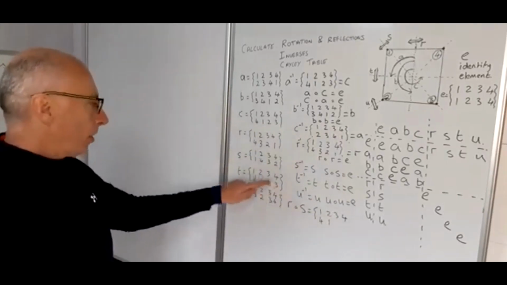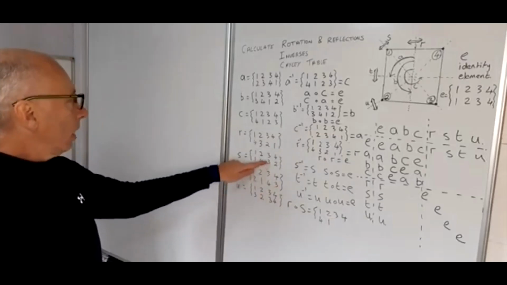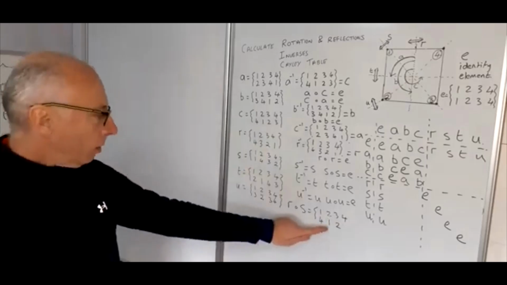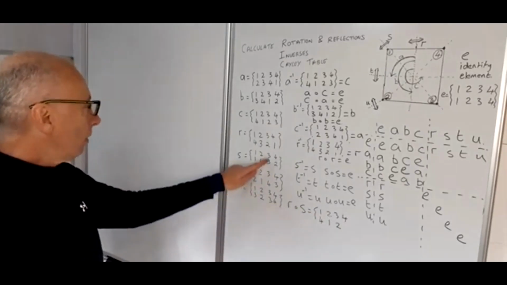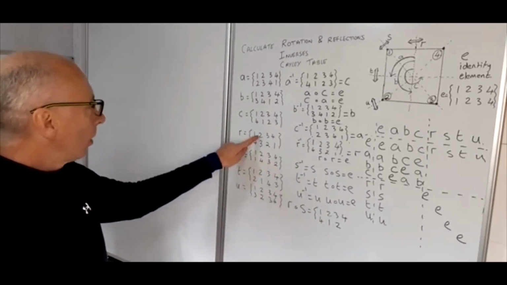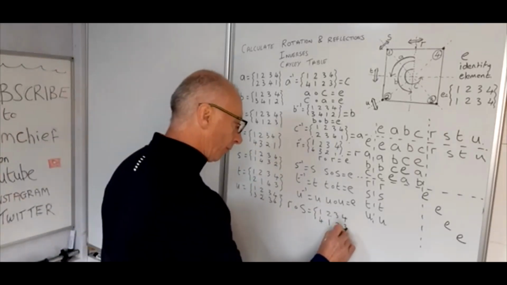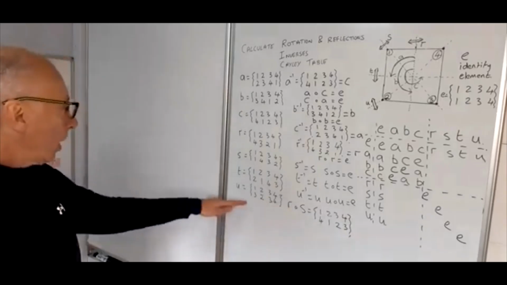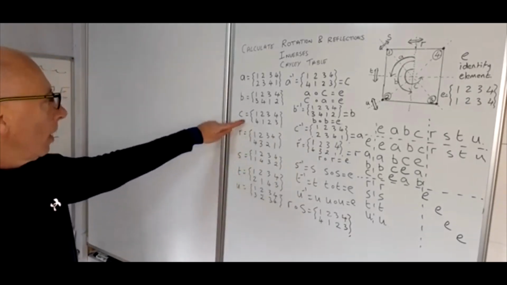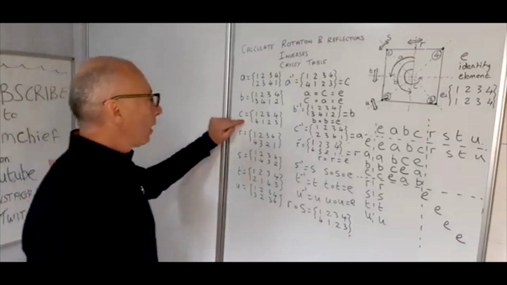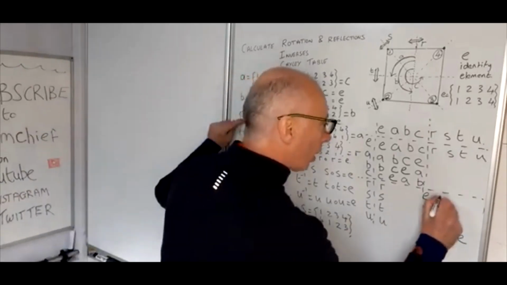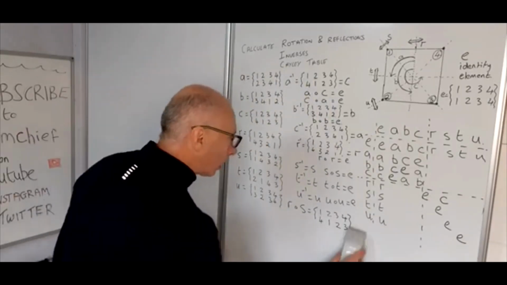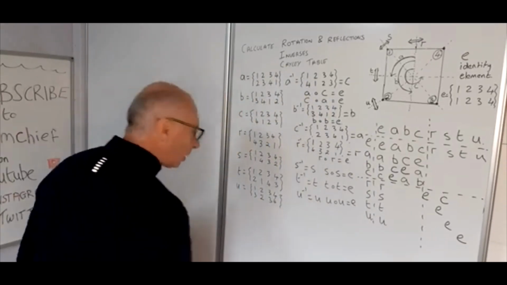In S, 3 goes to 3, and then in R, 3 goes to 2. And then in this one here, 4, from S, 4 goes to 2, and then in R, 2 goes to 3. So which one does this equal? 4, 1, 2, 3. So going up the line, that equals C, which is a reflection. So we can write that one there as C. Okay, that's R taking care of S.